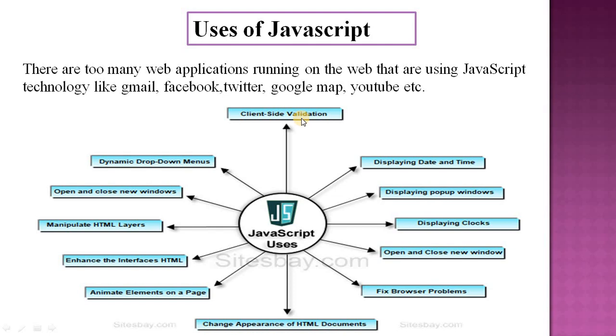By using JavaScript, we can validate forms, display date and time, display pop-up windows, display clocks, open and close new windows, manipulate HTML layers, enhance the HTML interfaces, animate elements on pages, change the appearance of an HTML document, create dynamic drop-down lists, etc. These are the main uses of JavaScript.